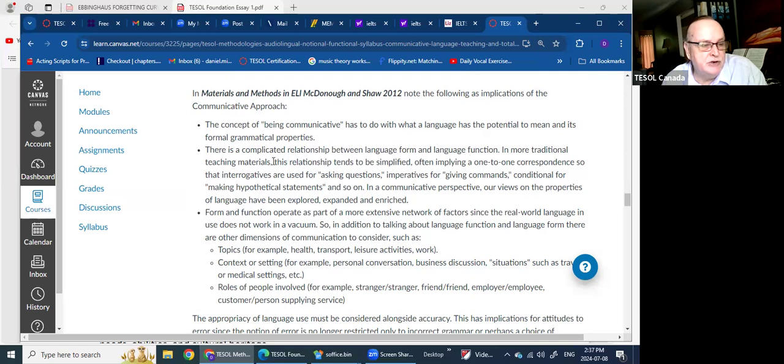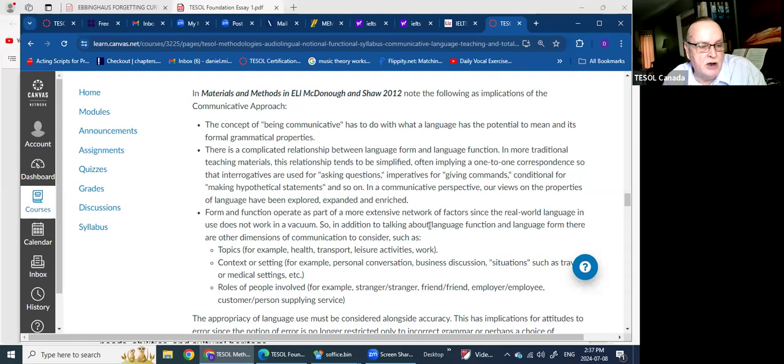In more traditional teaching materials, this relationship tends to be simplified, often implying a one-to-one correspondence, so that interrogatives are used for asking questions, imperatives for giving commands, conditionals for making hypothetical statements, and so on. In a communicative perspective, our views on the properties of language have been explored, expanded, and enriched. Form and function operate as part of a more extensive network of factors, since real-world language in use does not work in a vacuum.